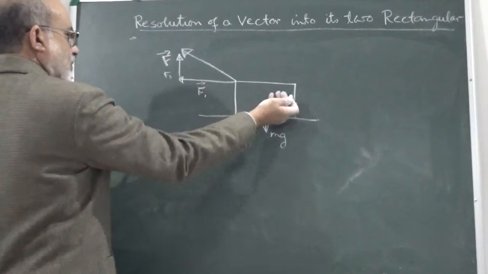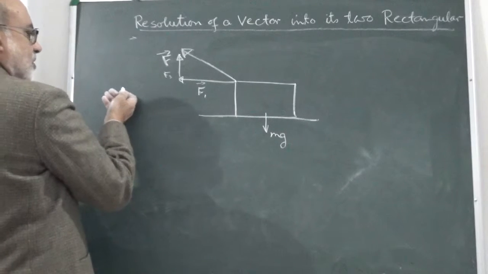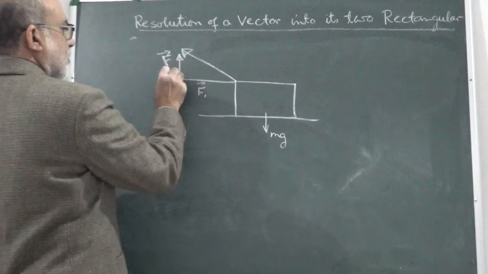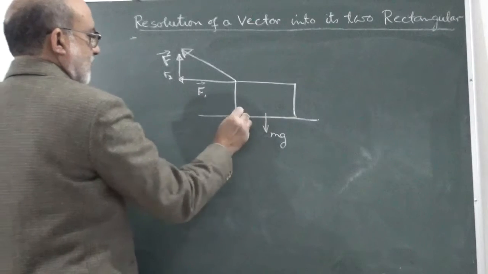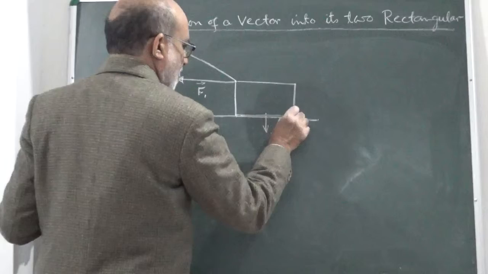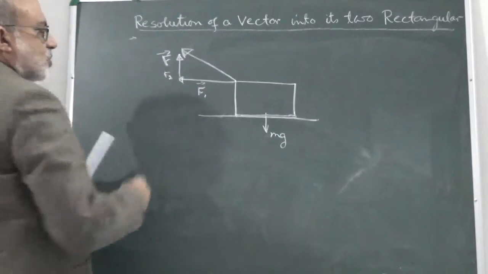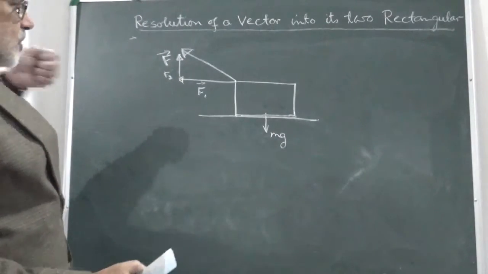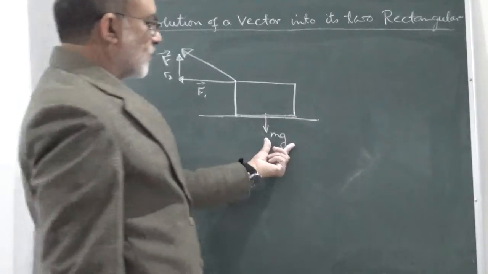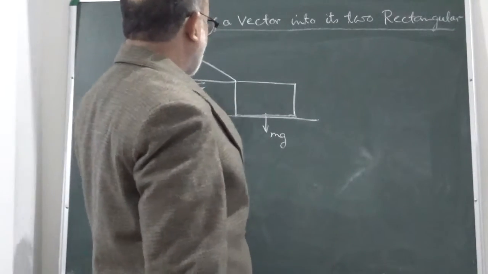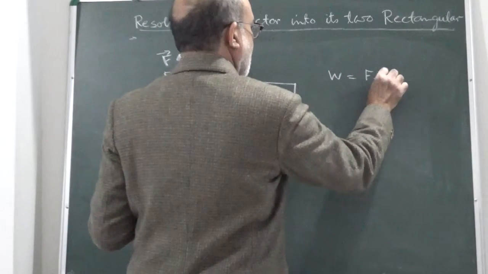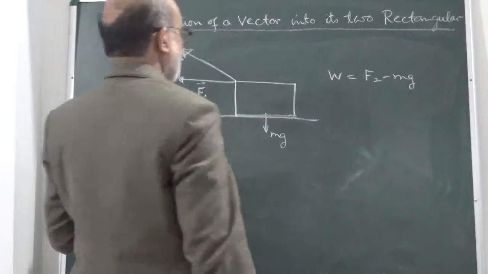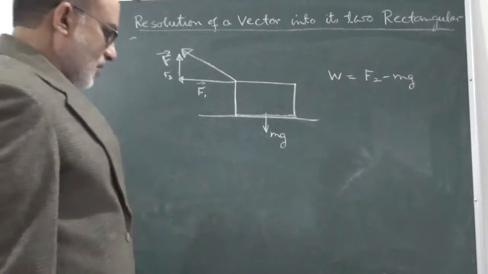So F1 is responsible for the motion of the block, sliding of the block, and F2, which acts vertically upward, decreases the reaction on the surface. So it's easier to pull than to push. In pushing you are adding to the weight, and in pulling you are decreasing the force. So the weight here becomes F2 minus mg, and F1 is responsible for the motion.